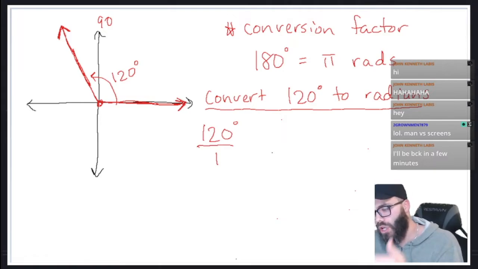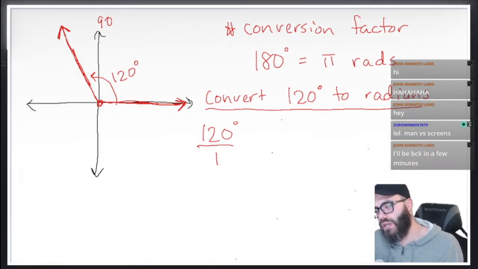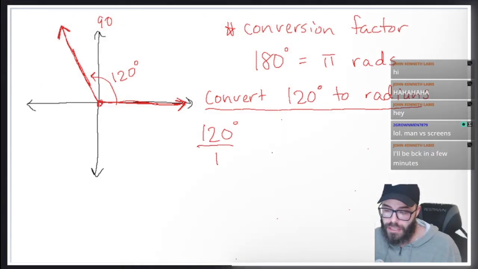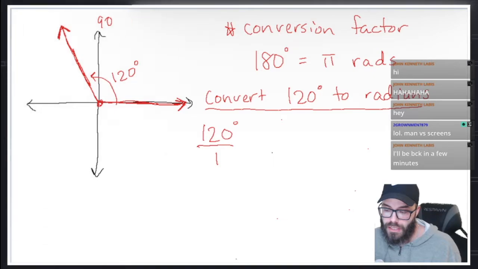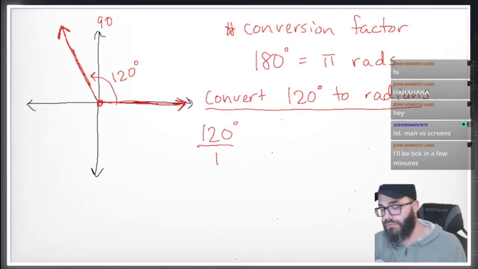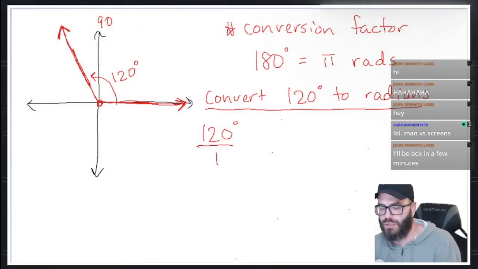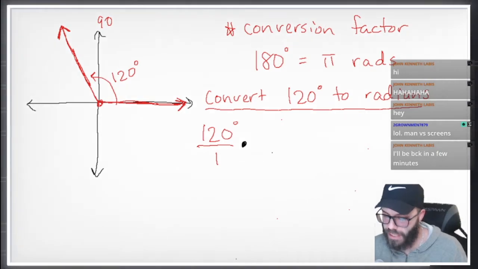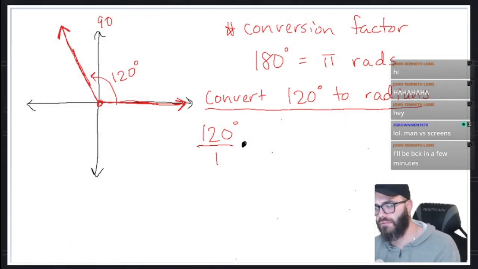So if I want to convert 120 degrees into radians, I want to multiply 120 degrees over 1 by the conversion factor such that the degree unit cancels out. I don't want degrees. I want radians.